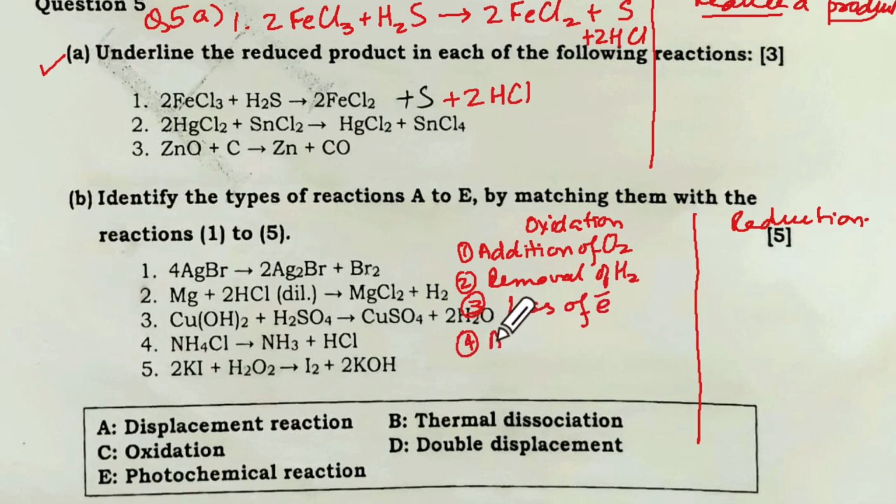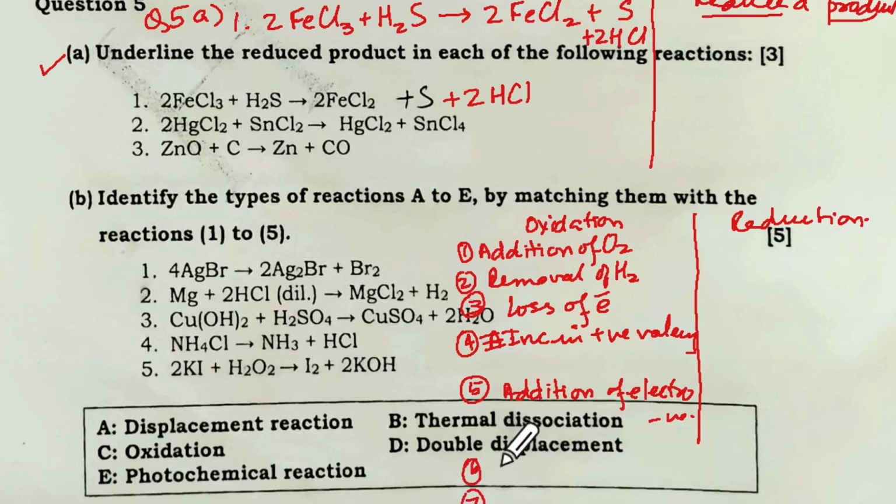Fourth one is increase in positive valency. Leave one line, go to the fifth one. It will be addition of electronegative. And then sixth and seventh one will be decrease in negative valency, and it will be removal of electropositive.